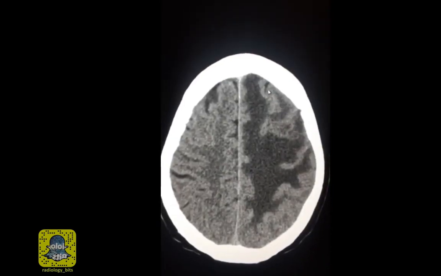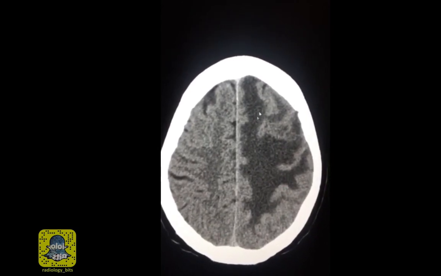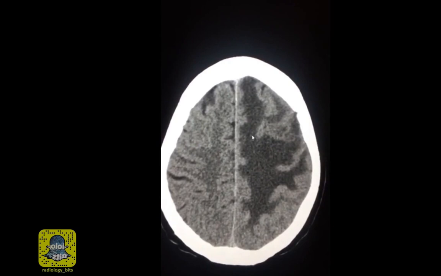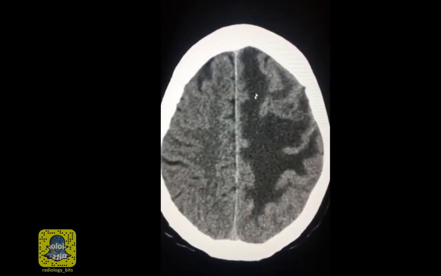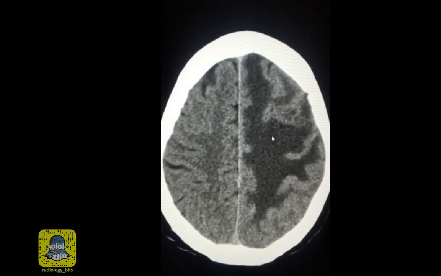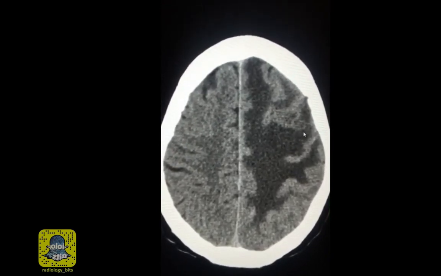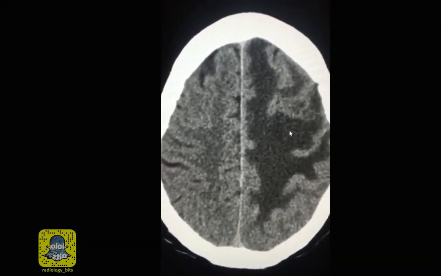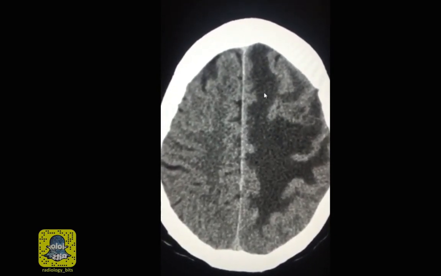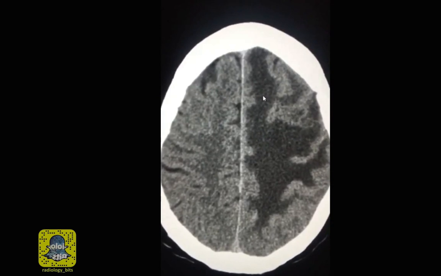This is in contrast to vasogenic edema, which is increased permeability due to infection, neoplasm, or hemorrhage, which only involves the white matter, spares the gray matter, and has a finger-like projection in between gyri. Importantly, the gray-white matter distinction with vasogenic edema is preserved.